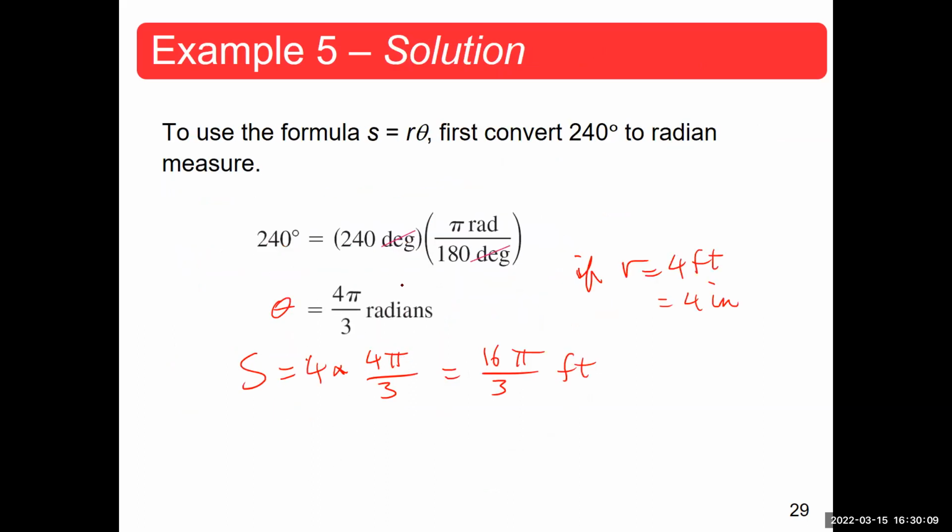So that's the angle in radians. So the area of the sector equals half times 4 squared multiplied by theta, 4 pi over 3. Just do the calculation and you get the area of the sector. It's half r squared theta.